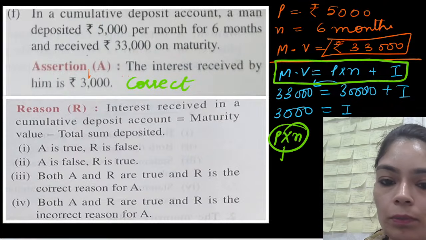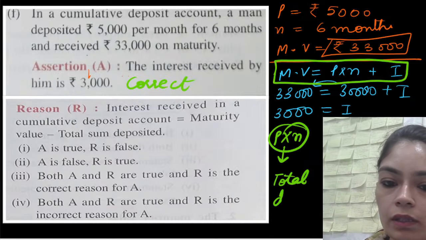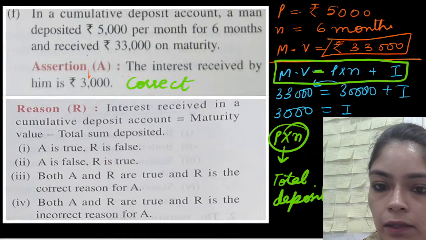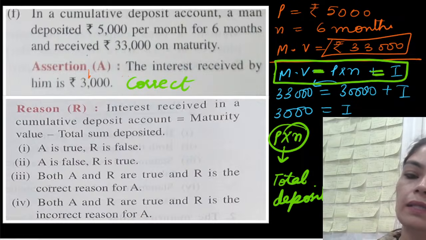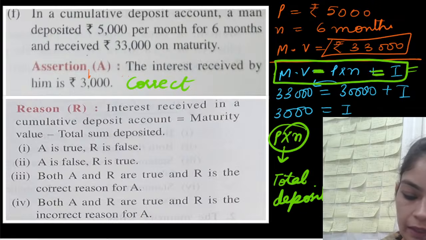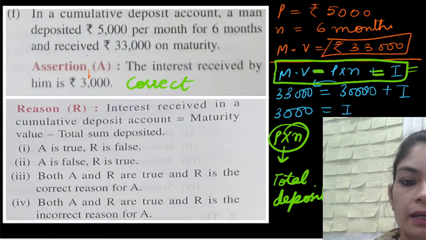I have already told you P into N is total deposit. So if I shift P into N to the other side, it will get subtracted. So we can see here maturity value minus total deposit is equals to interest, right? So it is the same formula which is given to us in the reason also.